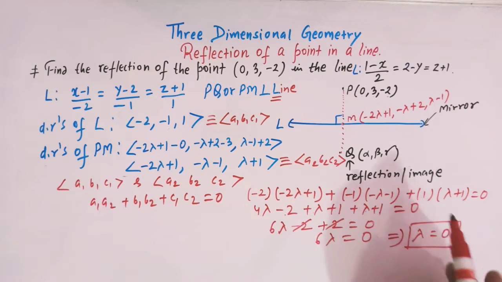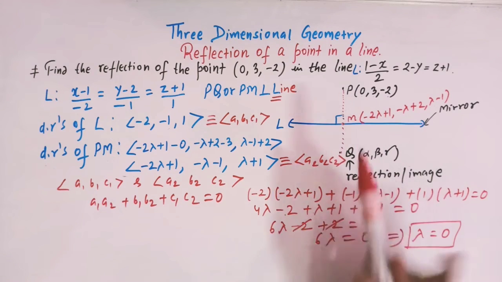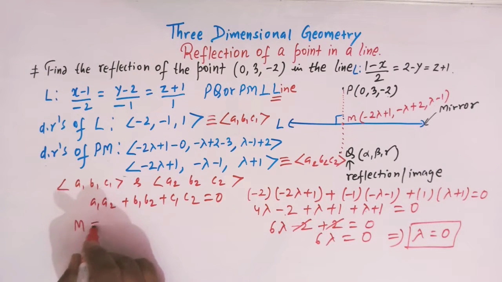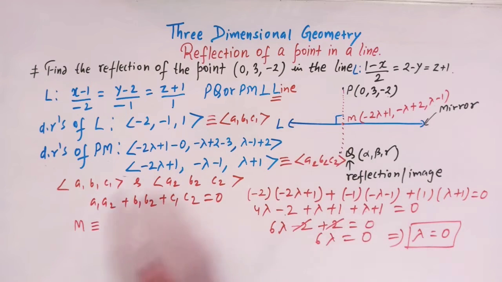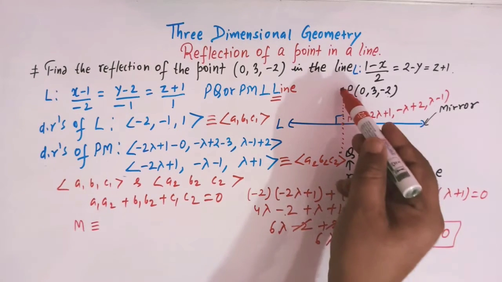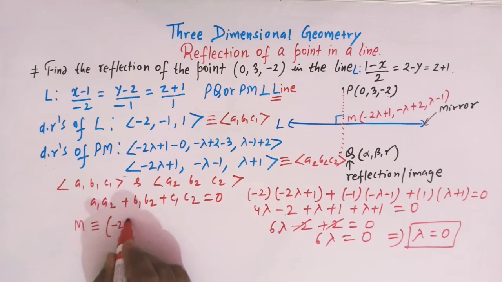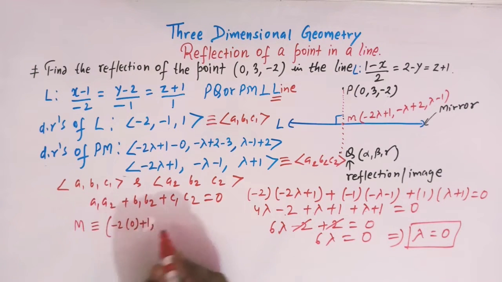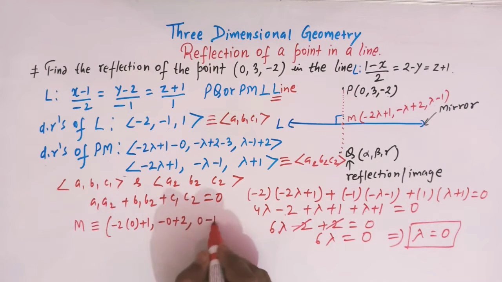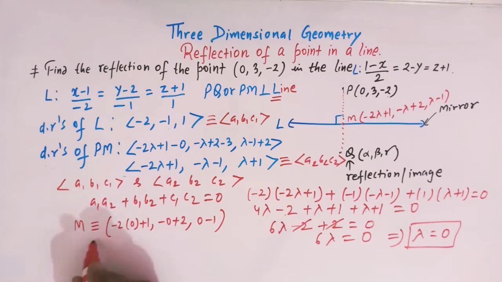Now if we take lambda equal to 0 here, then the coordinates of the point M, which is the foot of the perpendicular, are given by minus 2 times 0 plus 1, then minus 0 plus 2, then 0 minus 1. Simplifying, we have 1, 2 and minus 1.